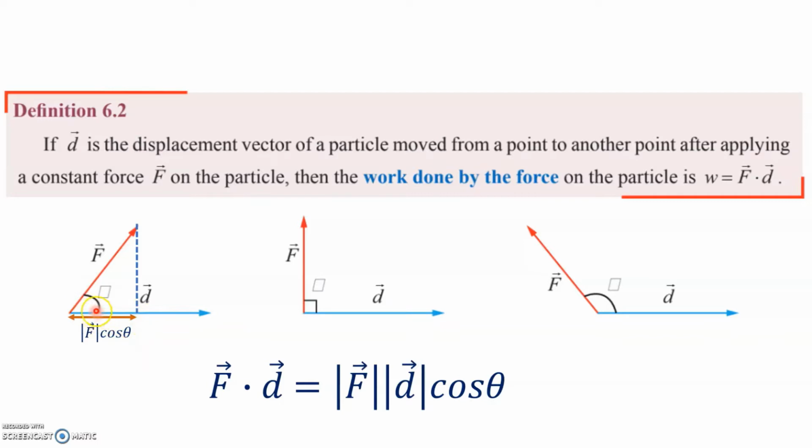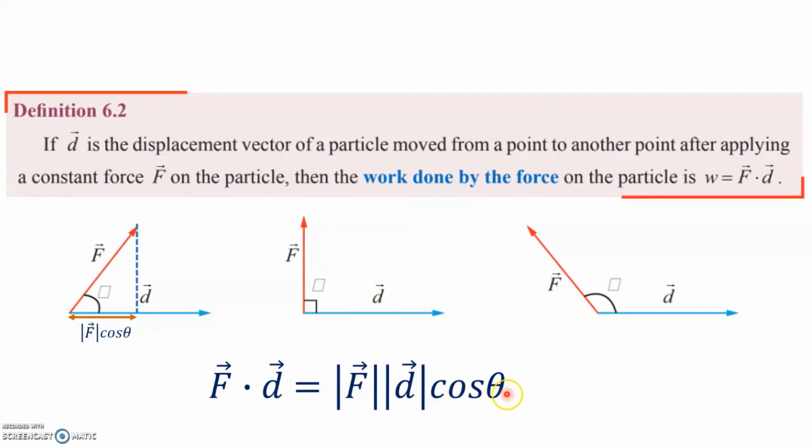Cos theta is equal to the adjacent side over the hypotenuse, and the hypotenuse is the magnitude of F. Rearranging the formula, the adjacent is the magnitude of F into cos theta. This length is multiplied by the magnitude of D, and hence we get this formula.